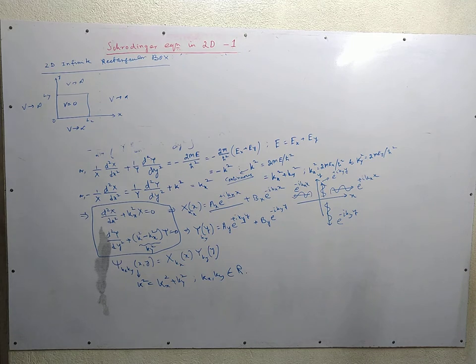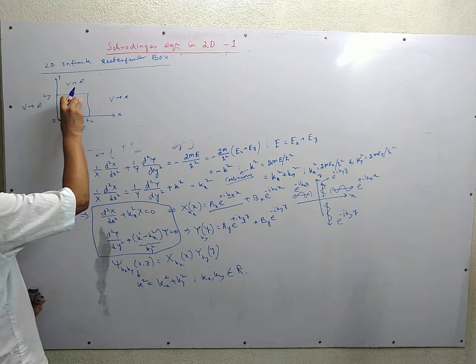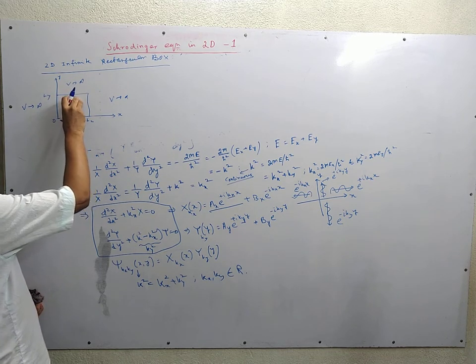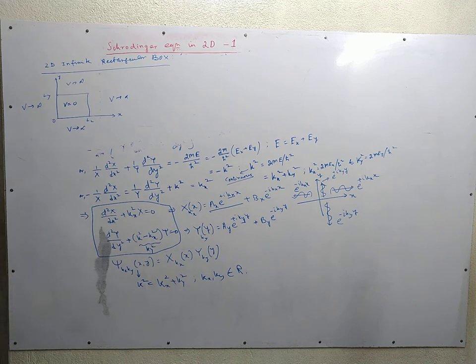So the particle of mass m is kept within the box. Our question is, what are the possible energy values? We have considered V to be 0 within the well, and it shoots up to infinity at the walls of the well.